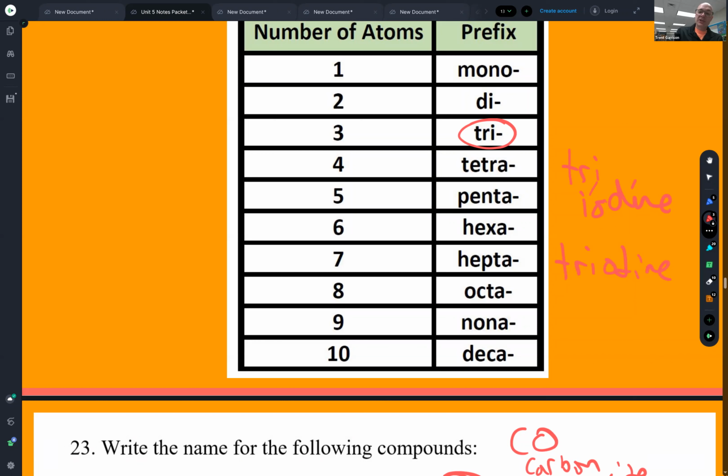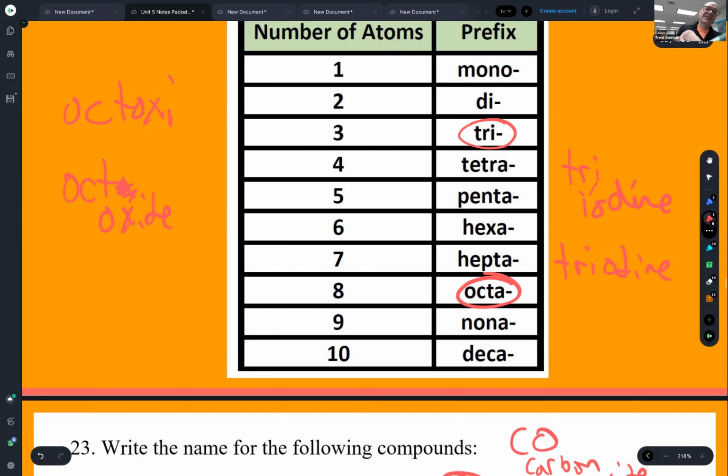Or if I were to have octaoxide, I don't put the A in there. It becomes octoxide. So we cut off that last vowel whenever we have a vowel for our element's name.